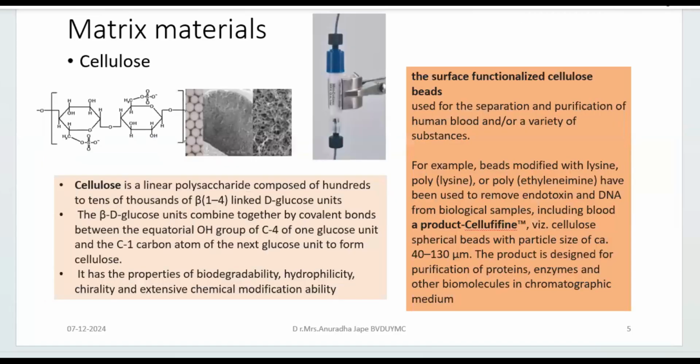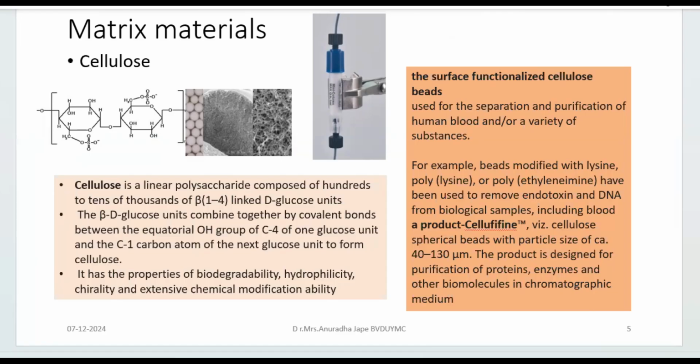For example, this is a structure for cellulose. Cellulose is readily available in nature and can be obtained in its purified form and can be used as the column packaging material. So as you can see in the slide, it is a linear polysaccharide. So we know what is the beta 1,4 linkage and how it is linked.